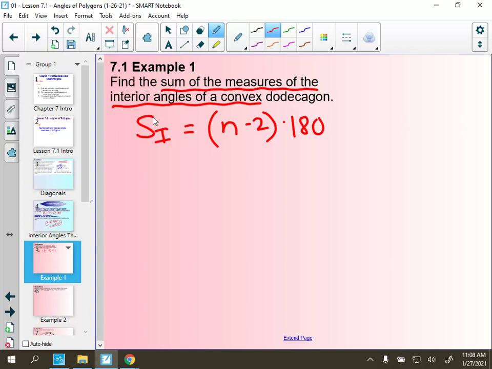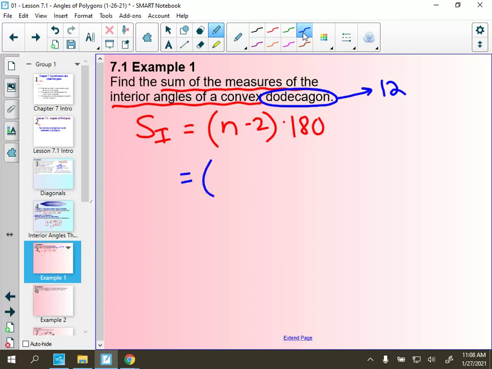So this whole question kind of boils down to, what is a dodecagon? And hopefully, we flip back. Lesson 1.4 is where I think we originally took these notes. That's a 12-sided polygon. So that's the magic number that I need to use here.